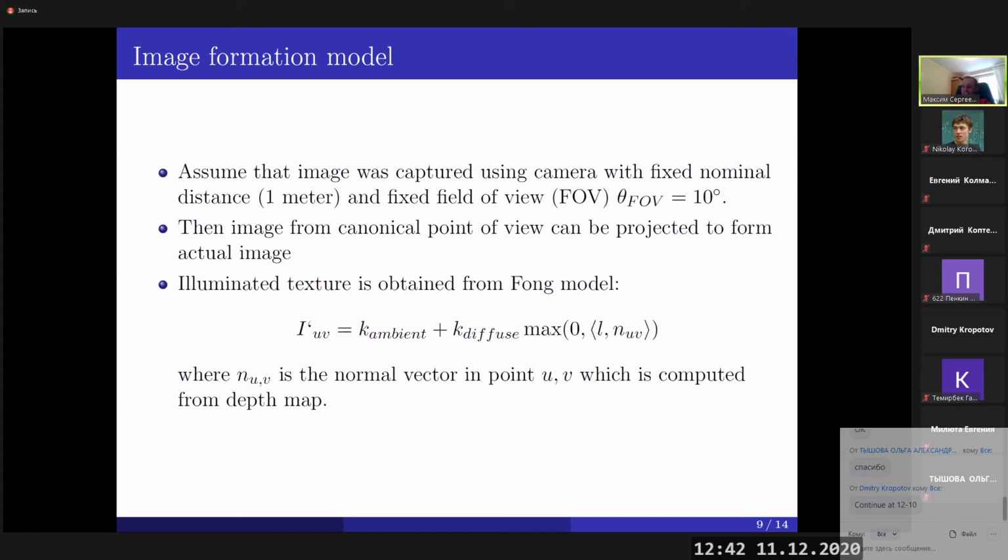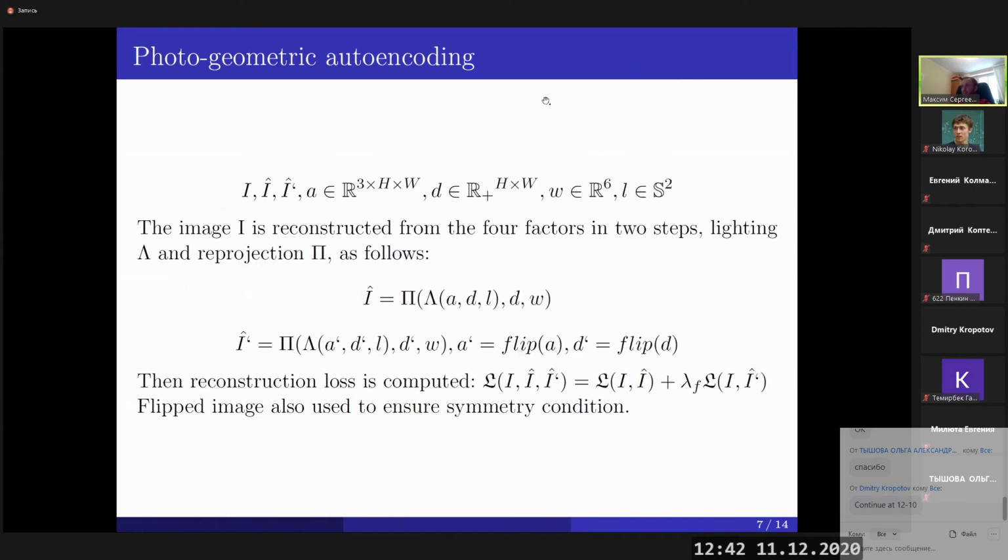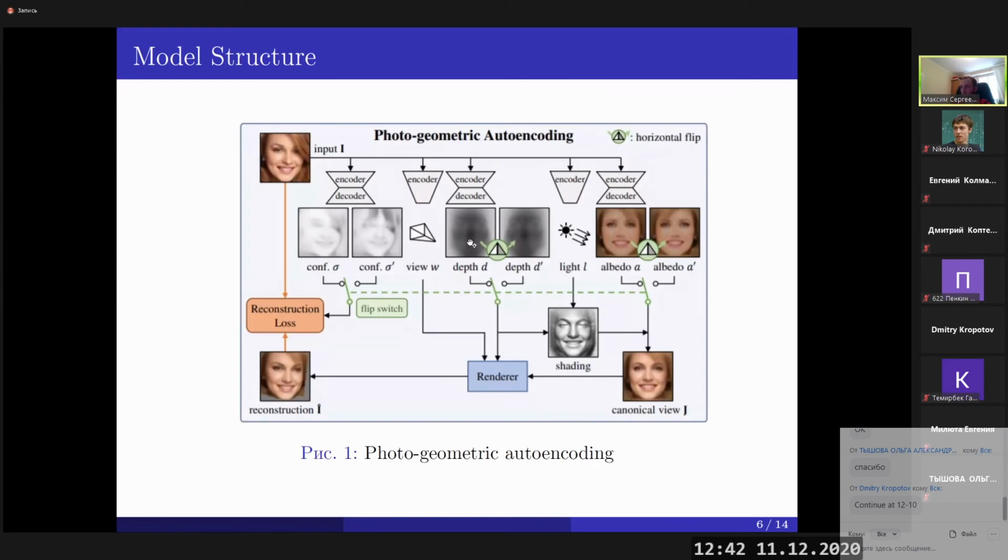Well, yes, it's handwritten, but it's nothing like a geometry effect. It's some transformation over depth, albedo, light, and viewpoint that gives us a projected 3D object onto a plane.